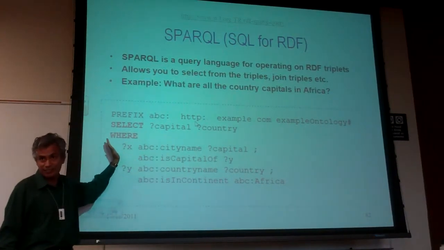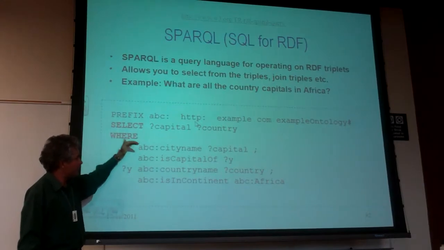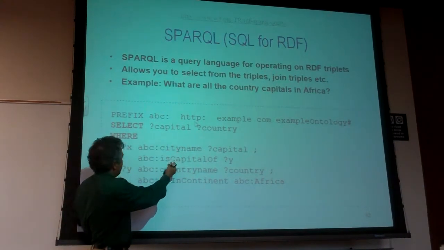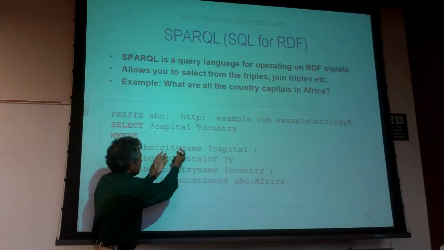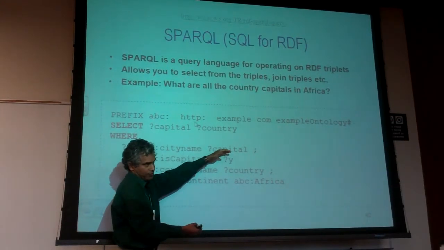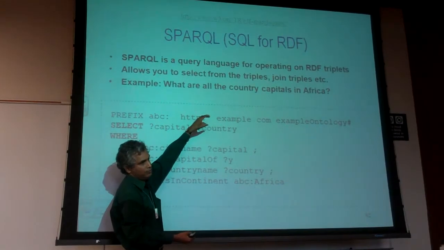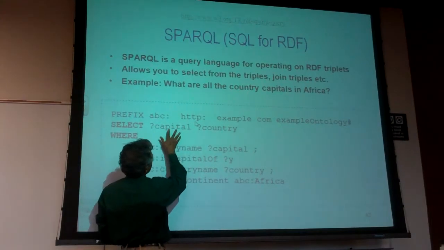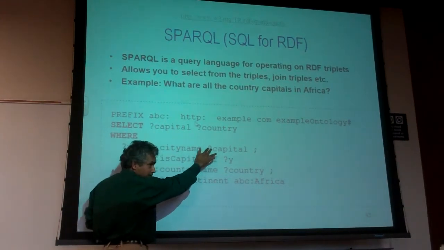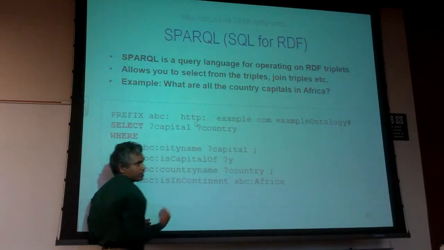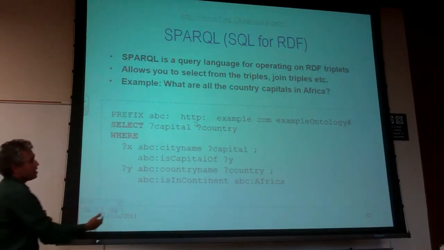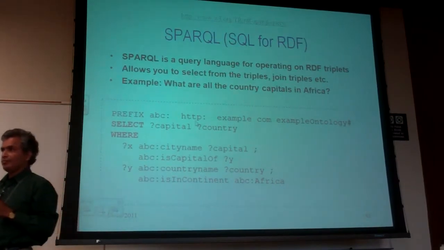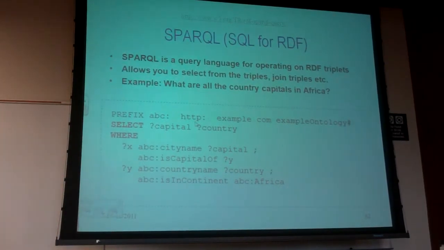I don't really care about X. Somebody, basically there is some triple in your database with city name and capital. And then you pick this capital up. Whatever you're giving as capital should be a city, and it should be the capital of something, and that something must be a country. This is your normal join query in SQL. I just wrote it in SPARQL.